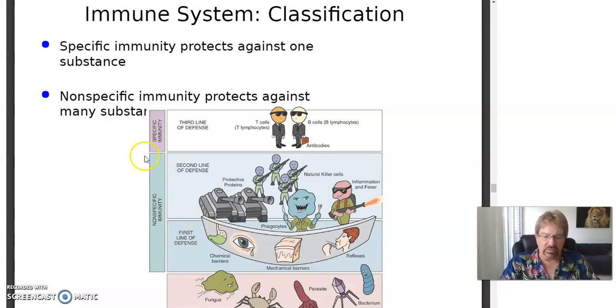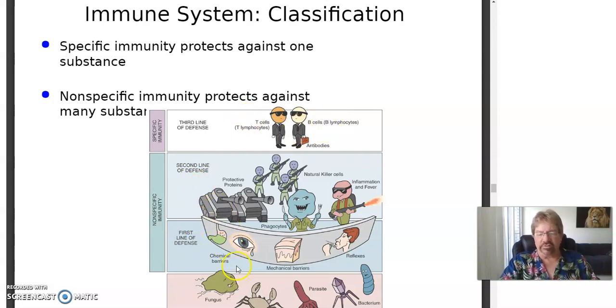So let's see. I don't like the way they've got this organized. There's two kinds of lymphocytes, basically. There's T cells, remember, trained in the thymus gland, and there are B cells that make antibodies. Antibodies are what protect us. This is specific. Non-specific, let's see.